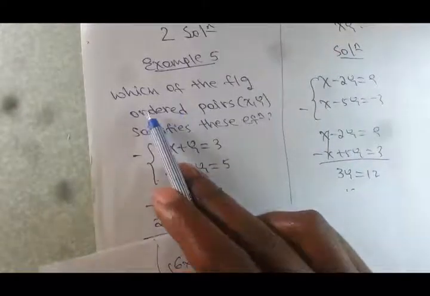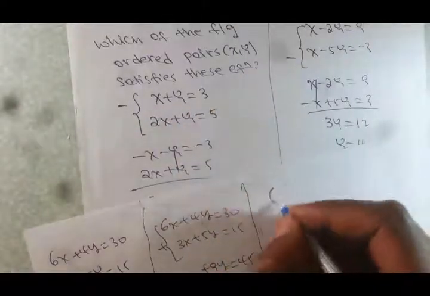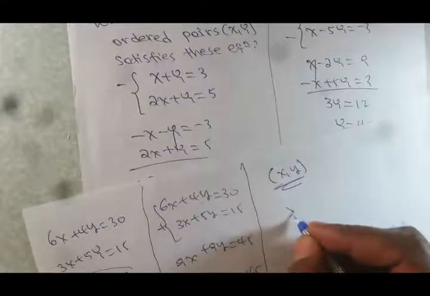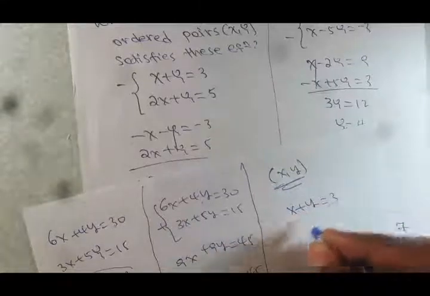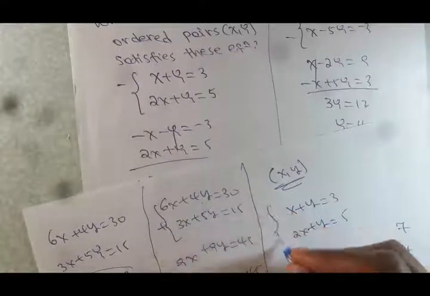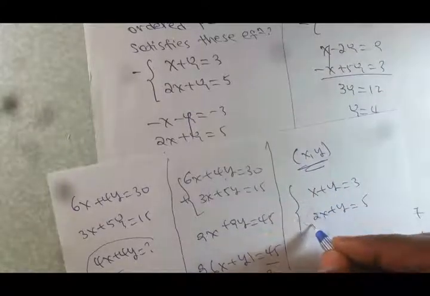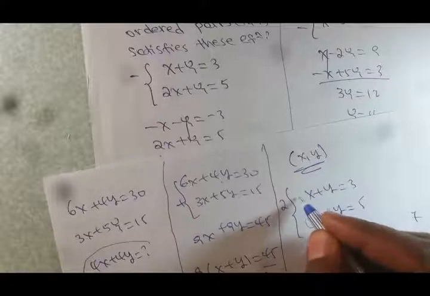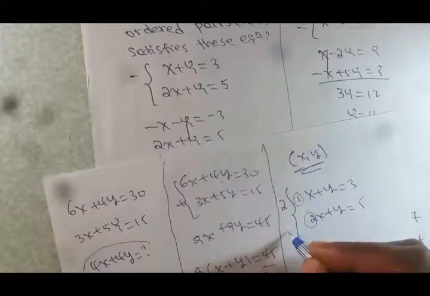Example 5 states, which of the following ordered pairs satisfy the system. You are asked to find the ordered pair (x, y), and you are given the equations x plus y is equal to 3 and 2x plus y is equal to 5. So to find the value of y, we have to multiply by the negative of this number. The negative of this will be what? 2. The positive of this number, 1.